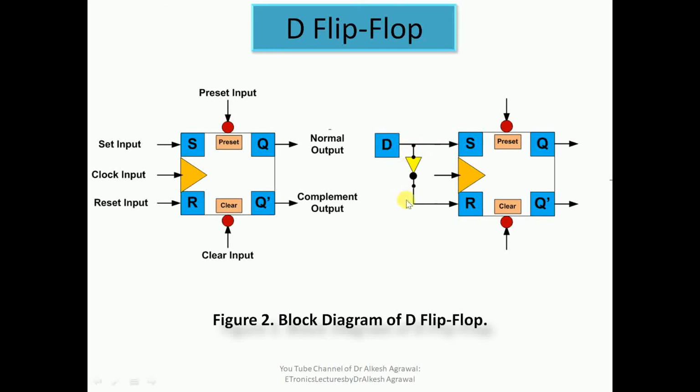So that situation is avoided by using this inverter. When the S and R inputs are shorted through this inverter, it becomes a D input. So when D is 1, it means S is 1 and R is 0, and when D is 0, it means S is 0 and R is 1. So in no case will S and R be simultaneously 1.